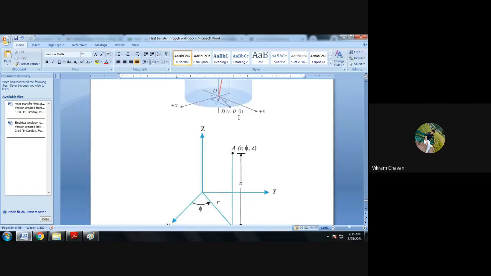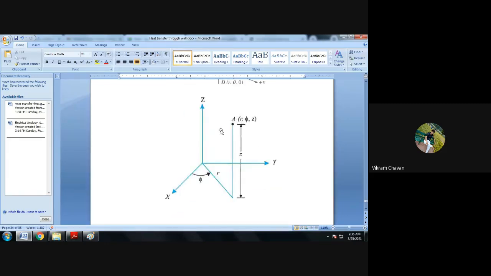In a simple diagram you can draw this. We want to locate a point in a cylindrical coordinate system. So we have drawn simply our general coordinate system x, y, z, and we have to locate a point. The distance from the center line to that particular point will be r.